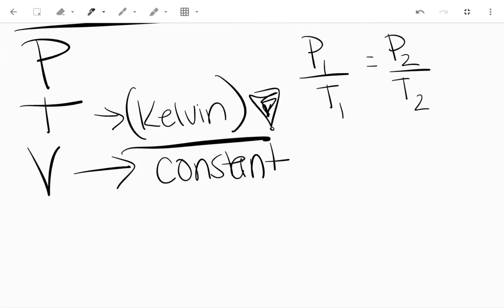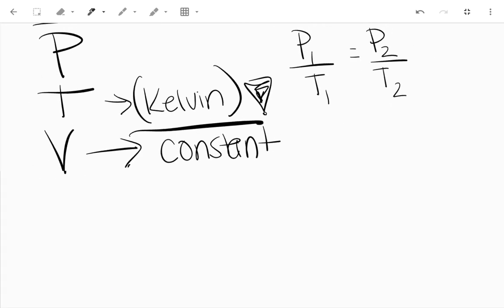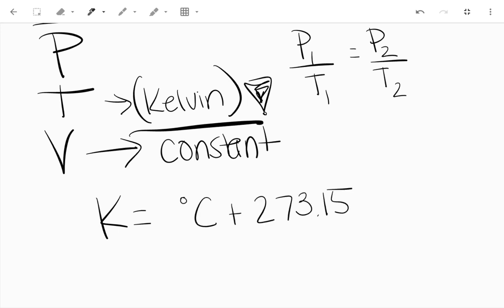If you don't know how to convert between temperatures, please keep this for your records, okay? Kelvin equals degrees Celsius plus 273.15.